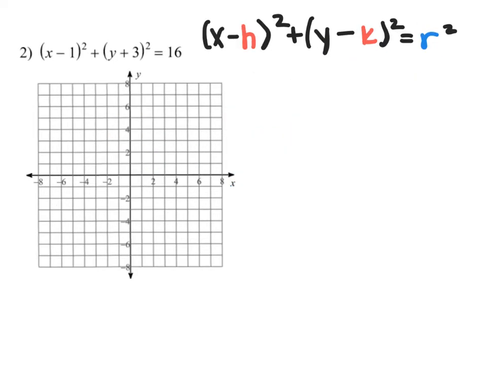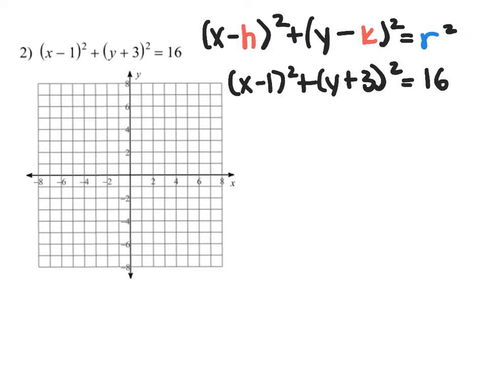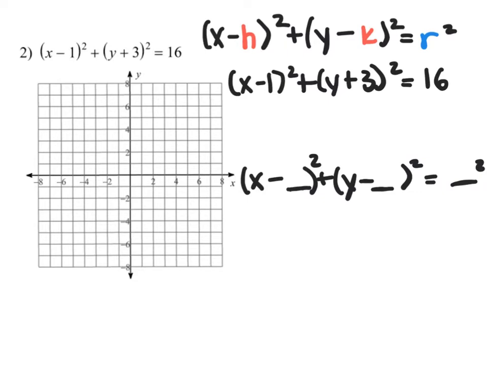For our next example, we're given x minus 1 squared plus y plus 3 squared equals 16. So I need to figure out what's going to fill in each of the blanks. Looking above, I have a minus 1, so I can fill in minus 1 below.